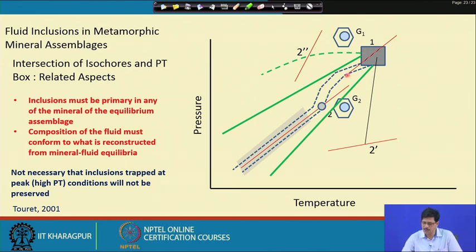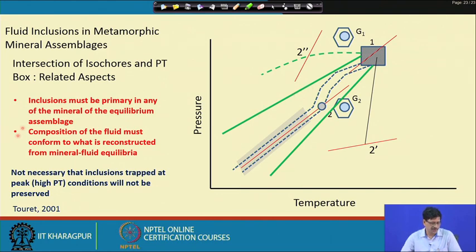For example, if this is the isochore of this particular inclusion which was passing through the box, it will go all the way down. If the pressure temperature conditions would have changed exactly as dictated by the isochore, then there is no reason to suspect that this particular inclusion will not be preserved in the form in which it was primarily entrapped.